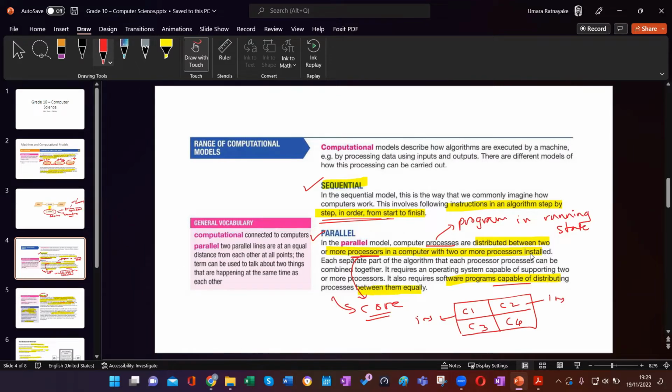Because there's a lot of things going on. Like for us, it's just adding, subtracting, like that. But at the hardware level, there's a lot going on, like sending a memory address to the RAM, bringing the data into the register, sending it to the processor, and after the processing, taking it back to the register.